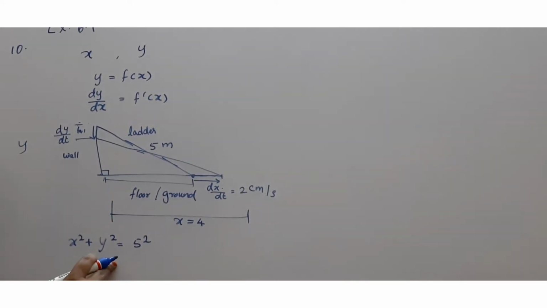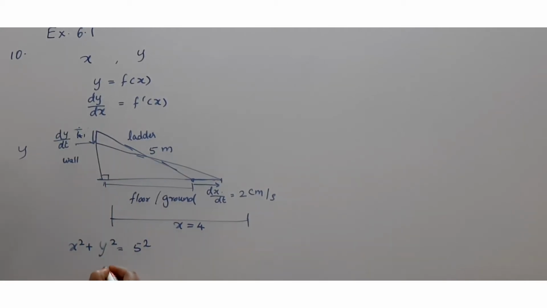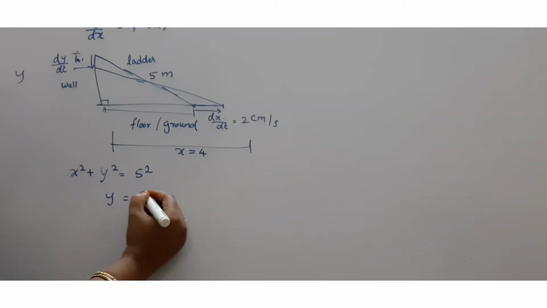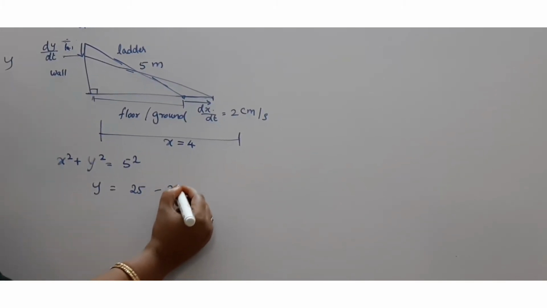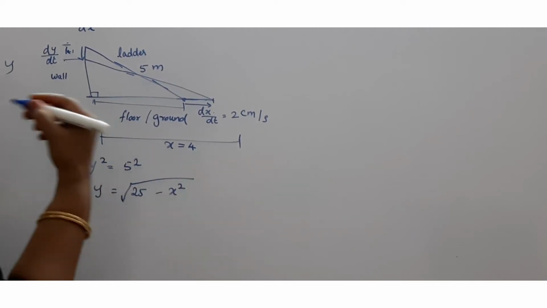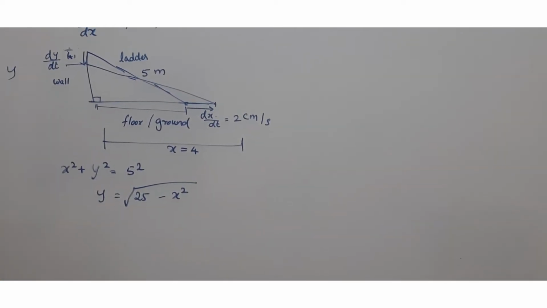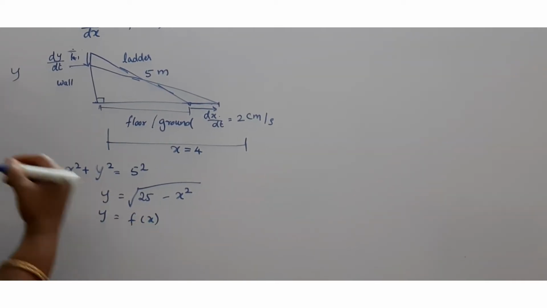The sum of squares of the other two sides is equal to the square of the hypotenuse, from which we can deduce y equal to 25 minus x square, and when we take the root, it will be the quantity of y. Now we have obtained y equal to f of x.